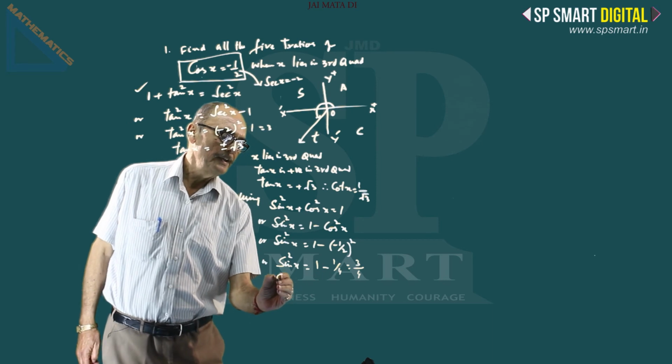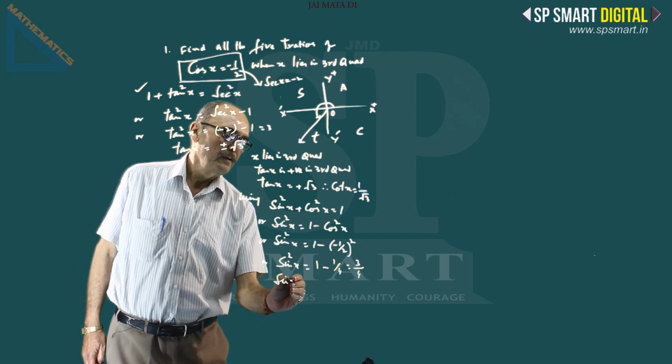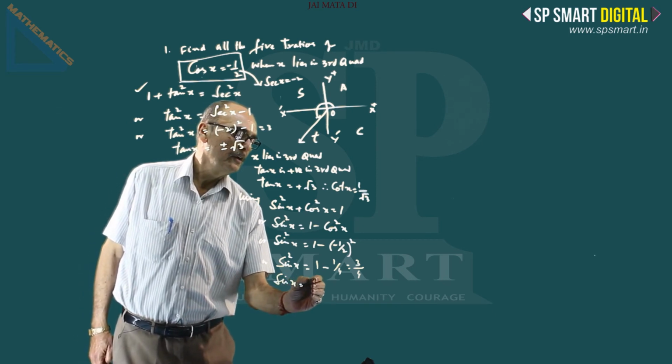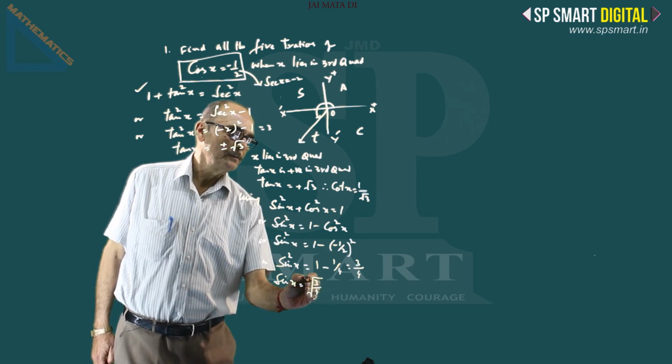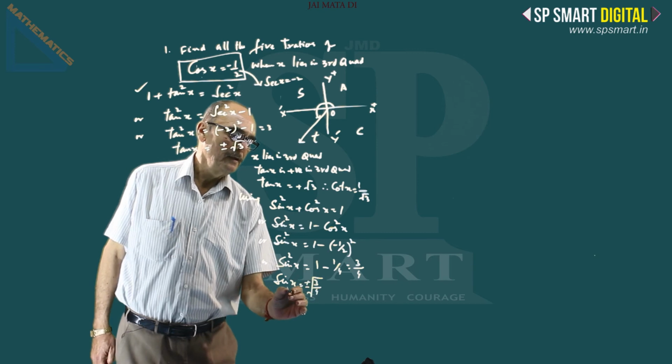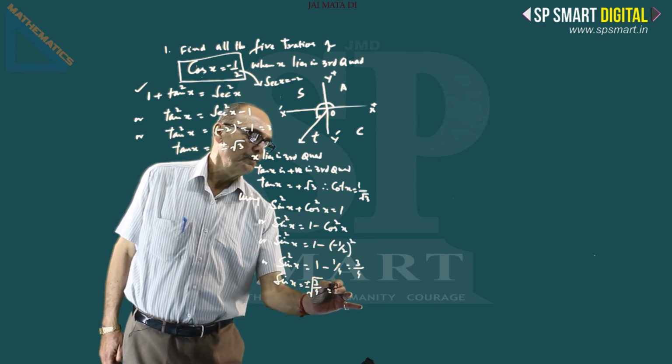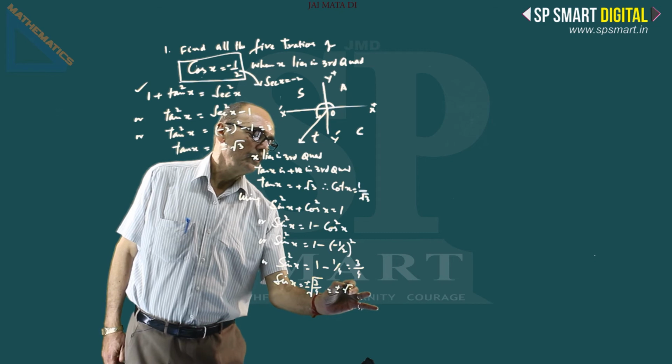So, therefore, sin x is square root of 3 by 4 with plus minus sign, equal to plus minus root 3 by 2.